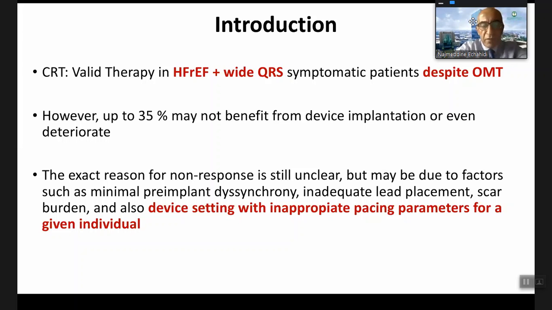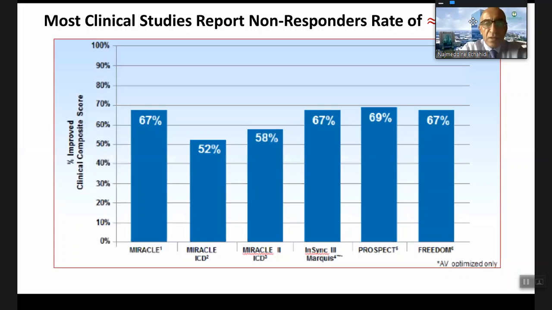However, even if it is a valid therapy, we still have up to 30 or 35% of patients who are not responding to CRT. And optimization will be indicated mainly in those patients who are non-responders. Most clinical trials reported at least 30 to 35% of non-responders, whatever the trial you are considering.